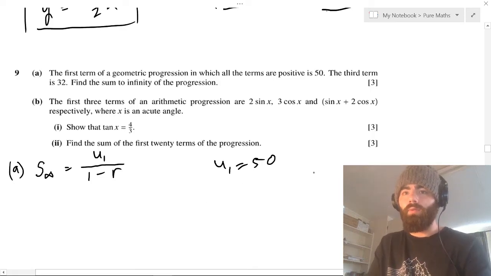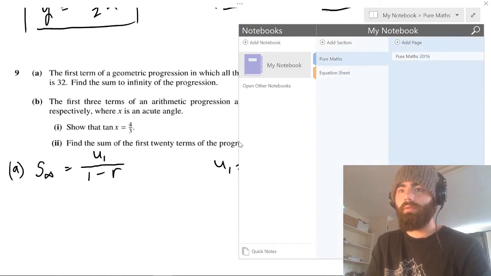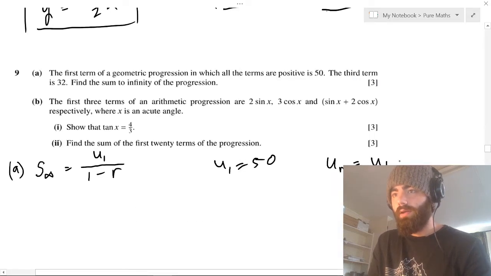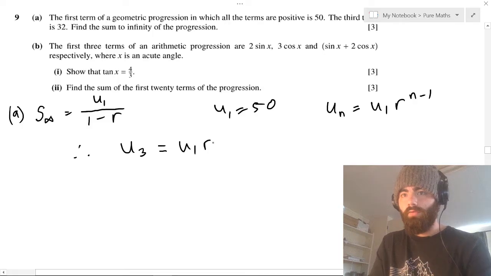And then our r, well, we can find it. We have un equals u1 r to the n minus 1. So therefore u3, and I'm using u3 because we're given u3, equals u1 times r to the n minus 1, where 3 minus 1 is 2.